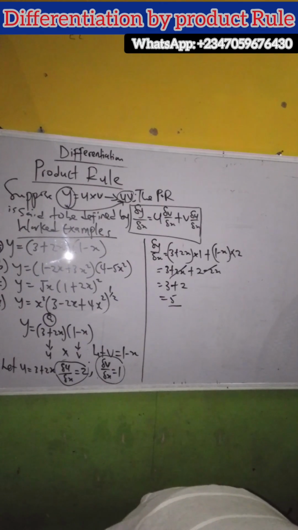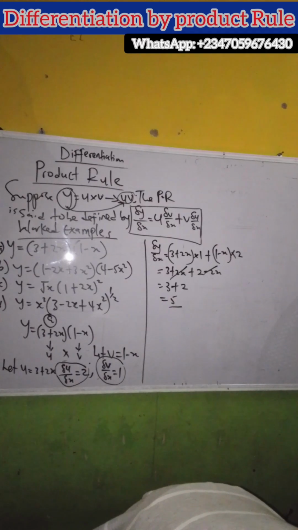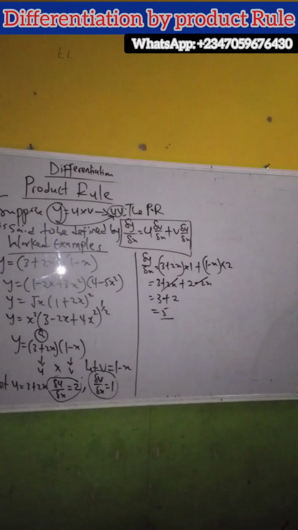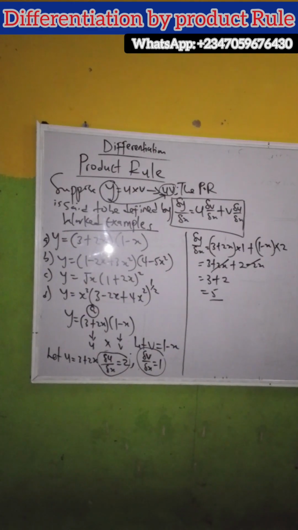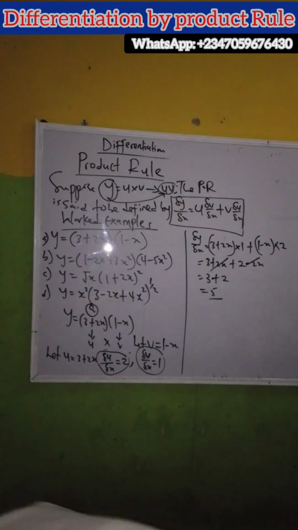I think there's a mistake somewhere. Where did I make a mistake? Is 5 correct?